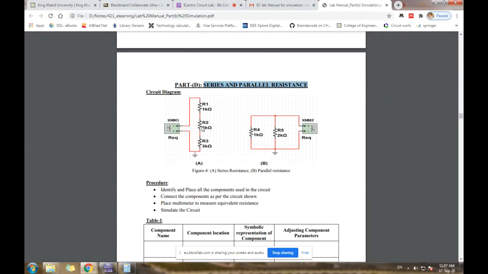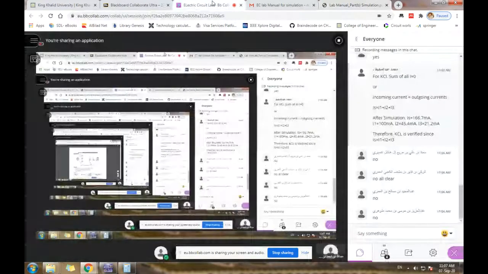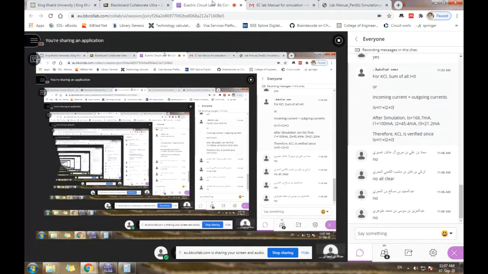You remember, if three resistances are in series, what is the rule we will use? What is the rule if resistors are in series, and if the resistors are in parallel? What is the formula? Anyone?